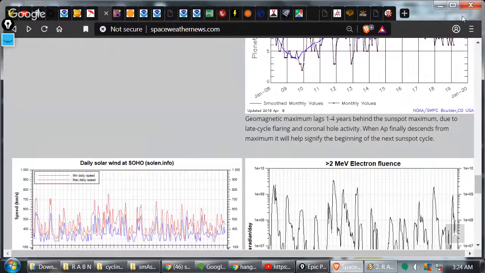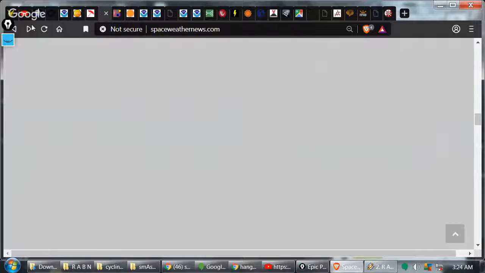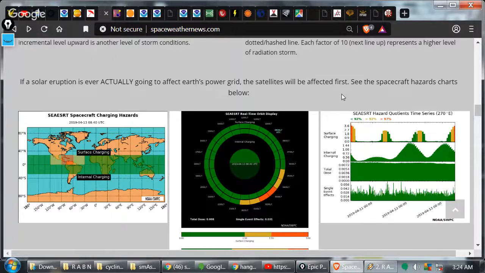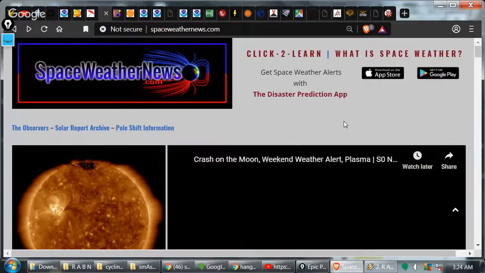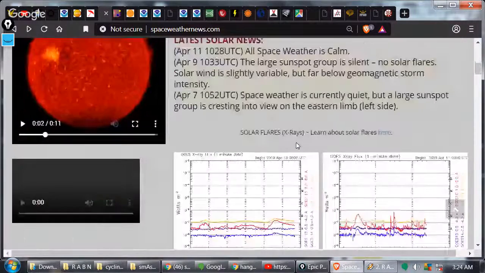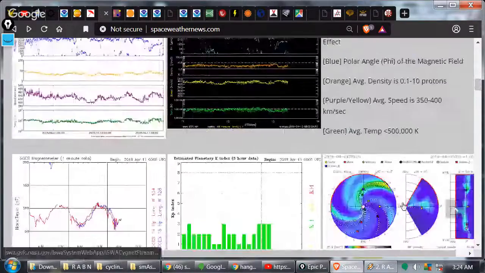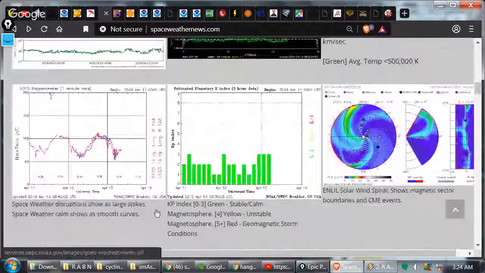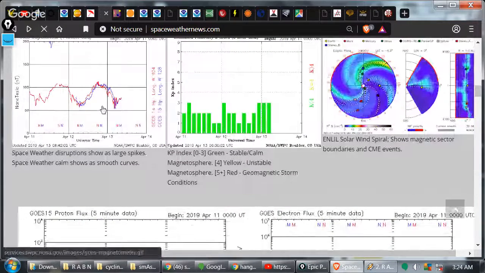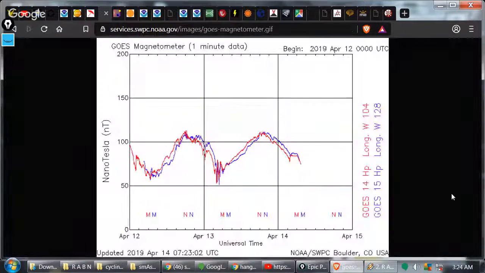And is it going to load or is it going to not load? All right, thanks. Sweet. Oh, geez. All right. So we see a couple of X-ray flares there in the B range recently kicking off. Magnetometer's looking like it's not updated on spaceweathernews.com.